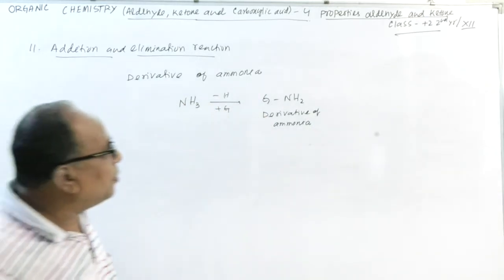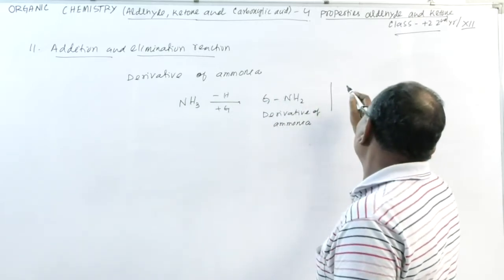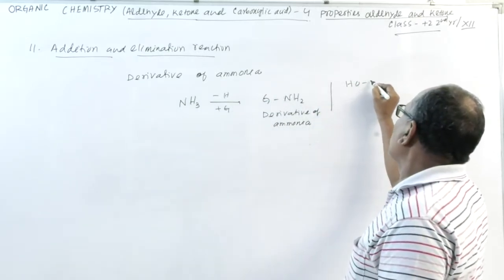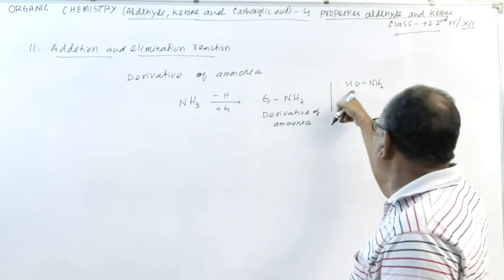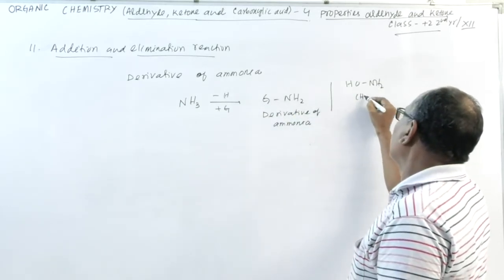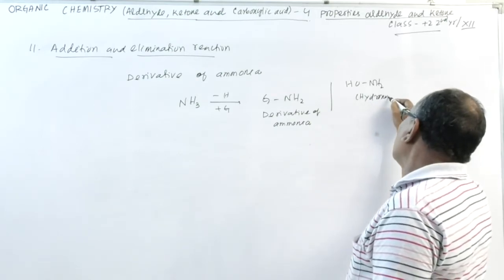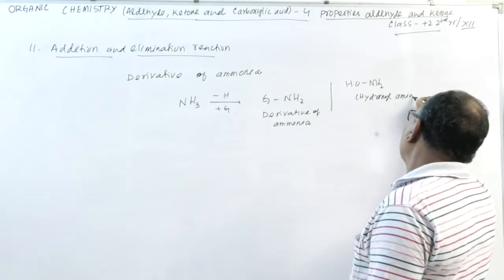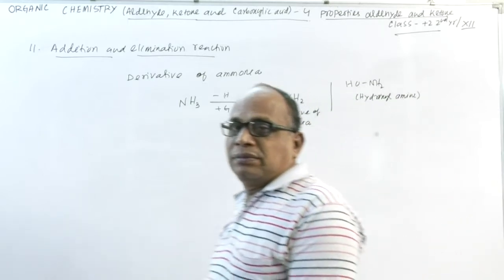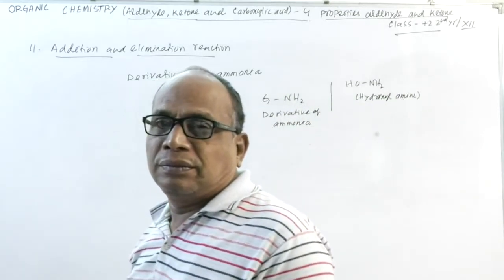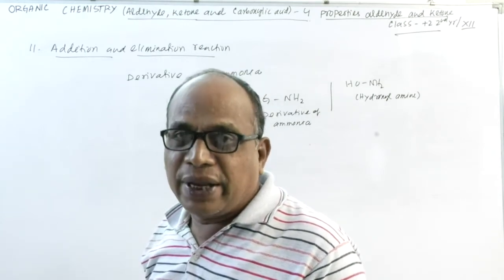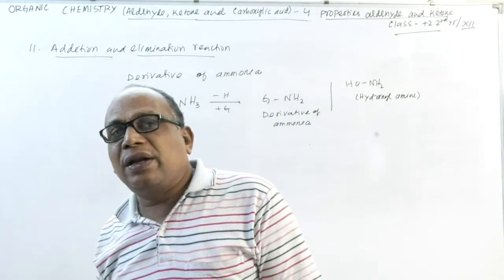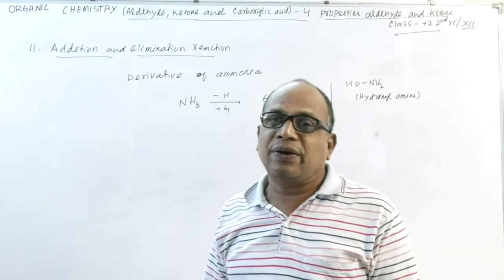When G is equal to HO, this is called hydroxylamine. So hydroxylamine is the derivative of ammonia in which the hydrogen atom of the ammonia molecule is replaced by OH.